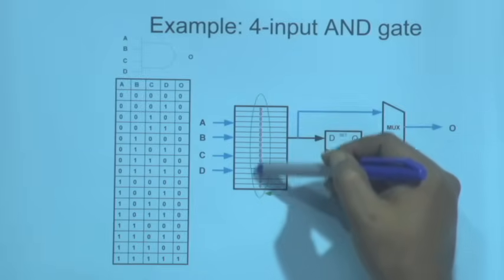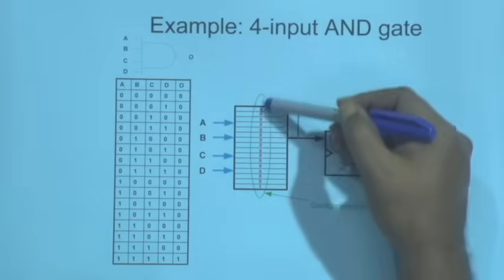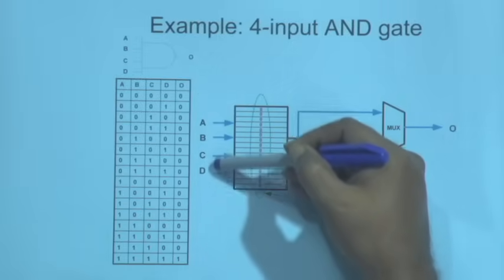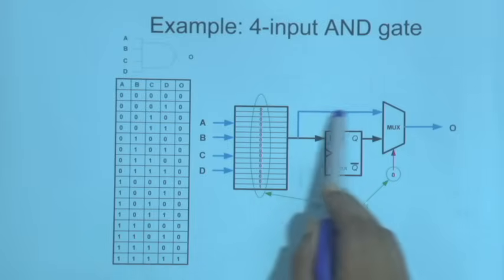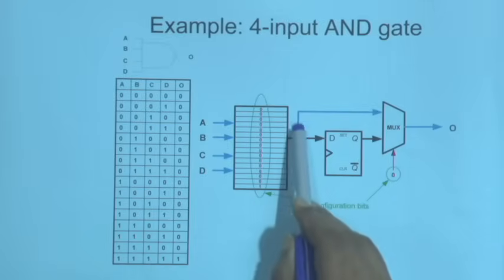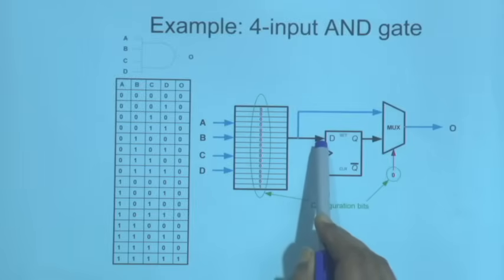I program this with the desired output with respect to these given inputs, and I take that output here, and that output will come out through this, and the output will also be available at the input of the D flip flop.